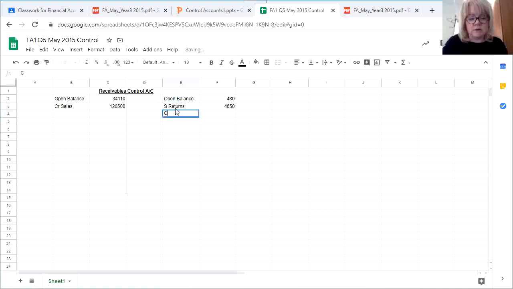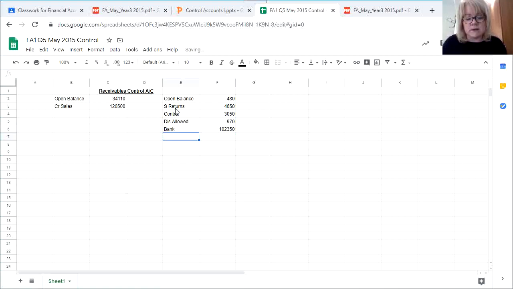So the contra entry there, the amount is 3050, and the discount allowed to our customers there, 970, will also go on the credit side, and payment from your receivables that will go through your bank or you have lodged to your bank will be on the credit side, 102,350.